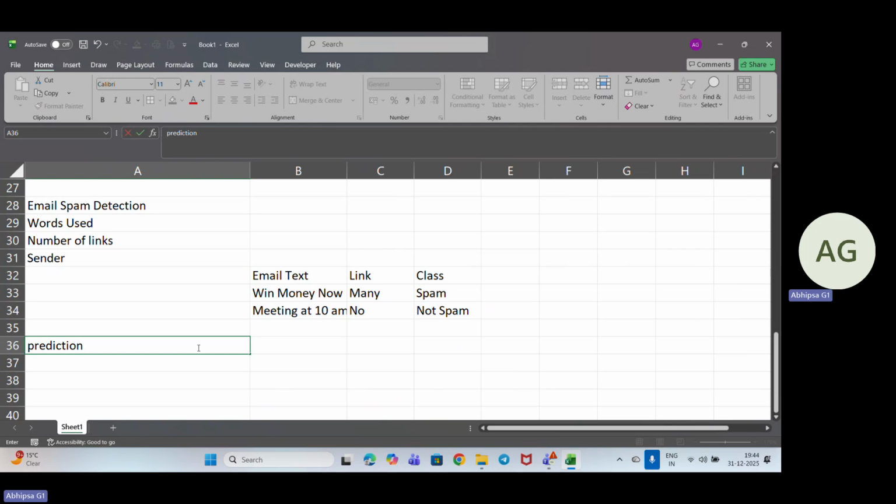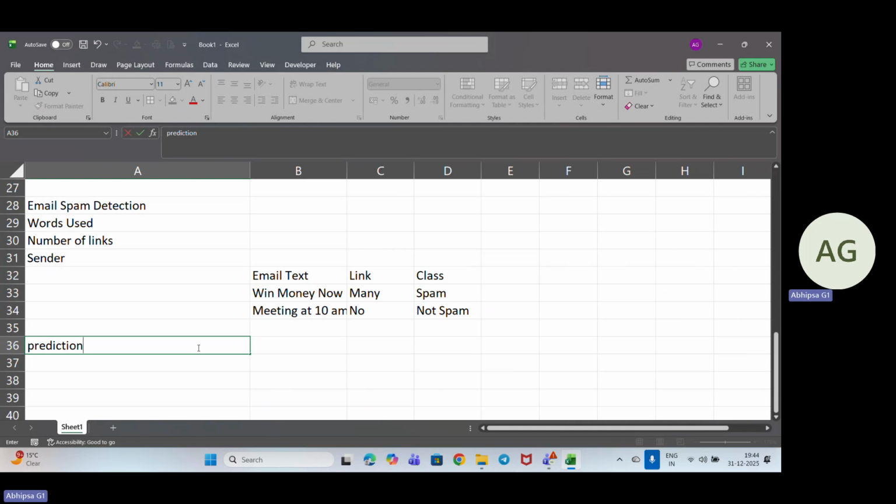Now, what happens if the model is wrong? Sometimes the model makes a mistake, just like humans. So here also my model can make a mistake. In that case, what happens? Suppose I have a spam mail, but my model says that it is not spam.